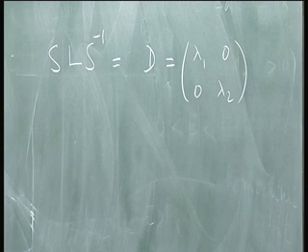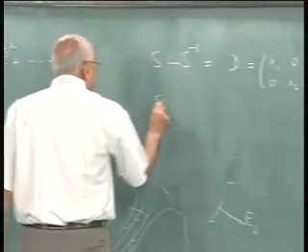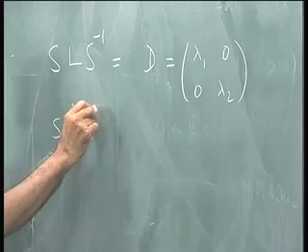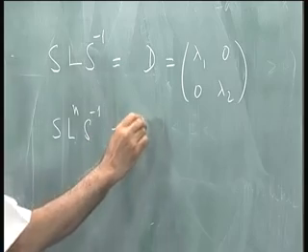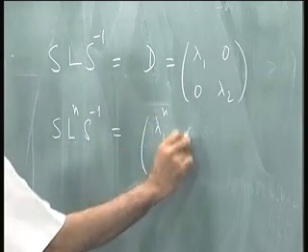If I could do this, then it is immediately clear that S L to the power n S inverse is equal to D to the power n, which is in fact lambda 1 to the n, 0, 0, lambda 2 to the n.